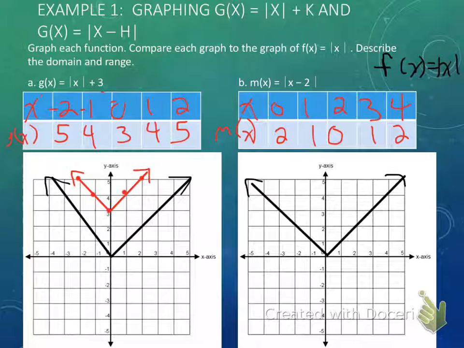We've got (0, 2), (1, 1), (2, 0), (3, 1), and (4, 2). So if you notice, what that did was it took our original graph and shifted it 2 units to the right.